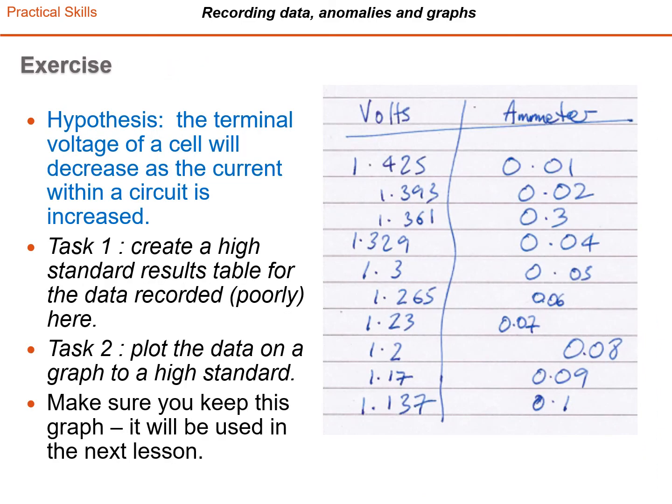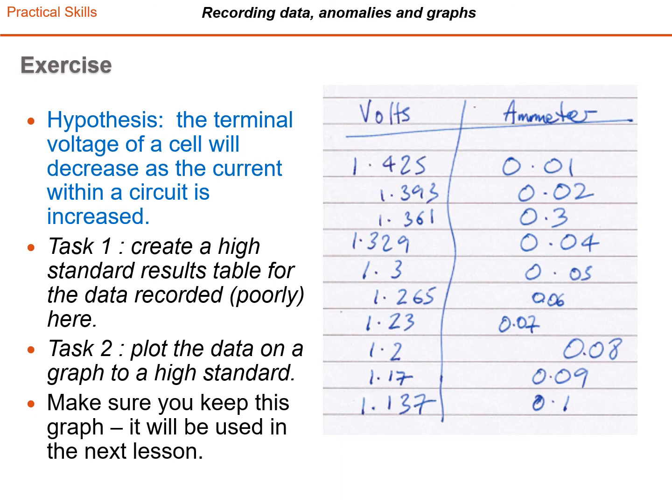So to conclude the lesson, what I would like you to do is to have a go at creating, first of all, a good results table and a good graph. We've got some example data here from an experiment to determine the internal resistance of a cell, with a hypothesis that the terminal voltage of a cell will decrease as the current within a circuit is increased. So two pieces of work need to be done here.